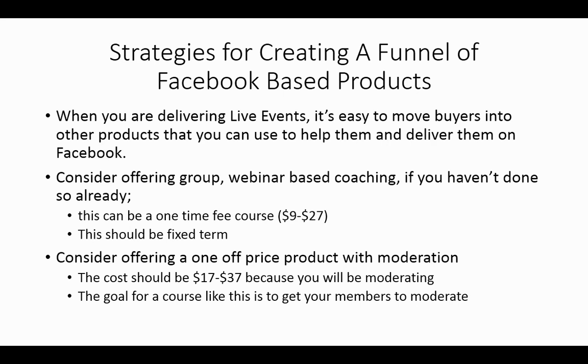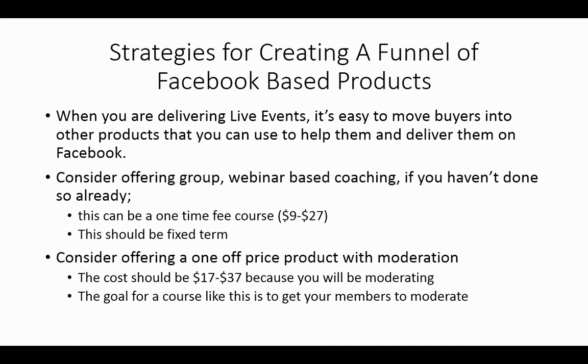So there are lots of products that you want to create, and when you deliver them through a live event or through a sales page, you can create this funnel based on the fact that some of your buyers want their products delivered to them on Facebook, and you want to give them the range of products that you have available.